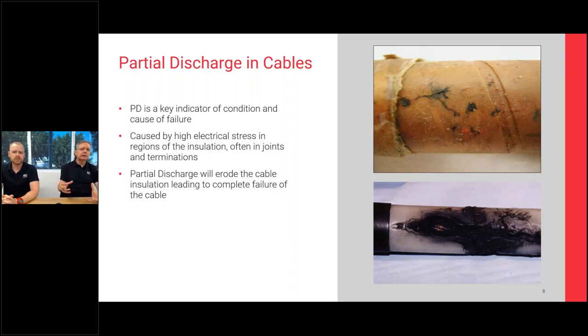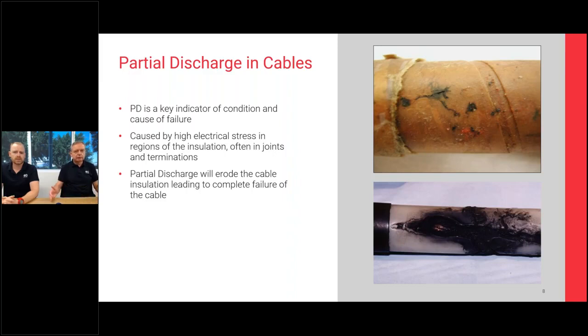So typically for an XLPE system or XLPE cables, what we're really testing for when we're testing partial discharge is really partial discharge inside the joints and the terminations, more so than trying to test inside the bulk of the cable. The failures will occur very quickly if they've gone to a PD failure inside the bulk of that cable, and so periodic testing may not give you the chance to find that.